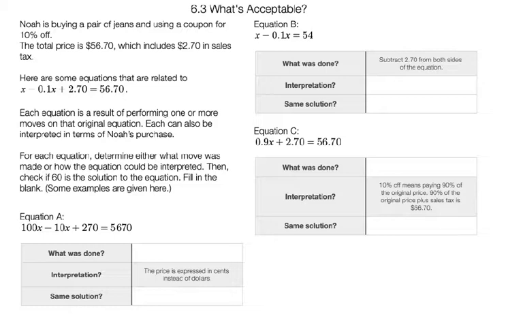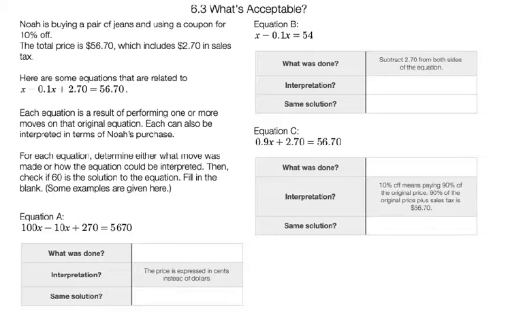This next slide is asking us to defend or to point out things that were done. And I did a lot of these with the students together. So basically, again, same situation. We're going to take equation A, equation B, and equation C, and look at them in more detail. We're going to start with equation A. But let's go back and remind ourselves, what's this problem about?